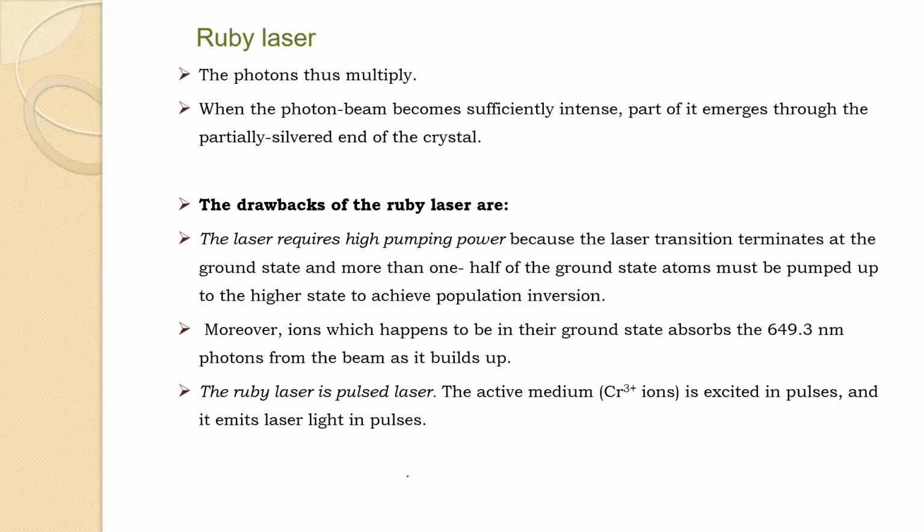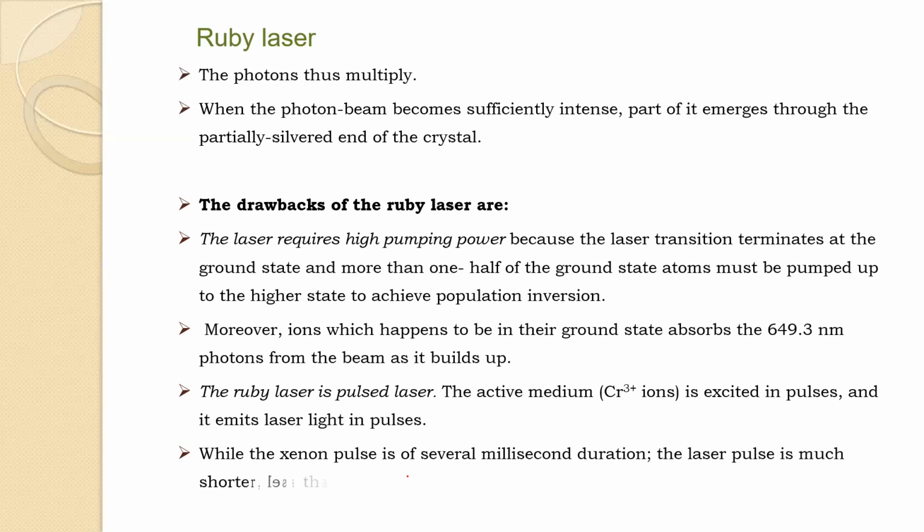So the output of the ruby laser is a pulsed one. It is not continuous. While the xenon pulse is of several millisecond duration, the laser pulse is much shorter, less than a millisecond duration. It means enhanced instantaneous power.